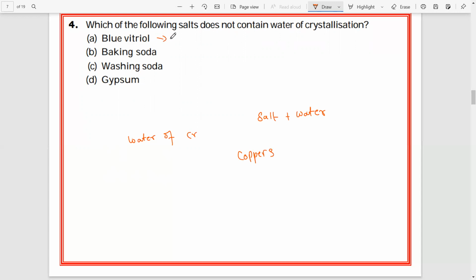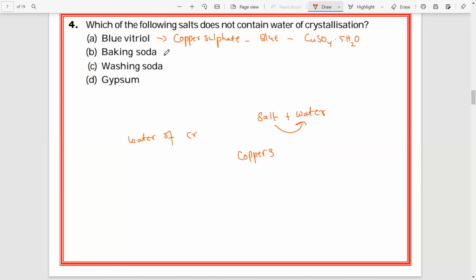Blue vitriol is also known as copper sulfate solution. That copper sulfate will be blue in color. And what is the chemical formula of copper sulfate? We all will write CuSO4, but actually the correct formula is CuSO4.5H2O. So from this we can say the salt has some amount of water in it.